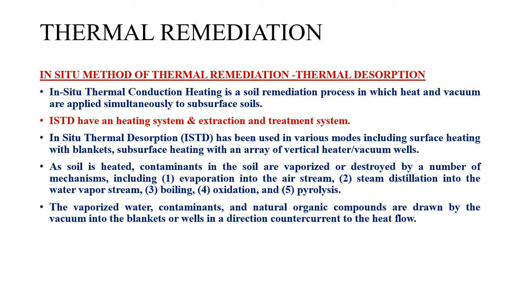So that area plus the whole volume of the subsurface soil will be supplied with enough heat, and we make sure that the temperatures are right and enough heat has been supplied to decontaminate the soils, as well as vacuum will also be applied simultaneously to extract these volatilized components out of this system.